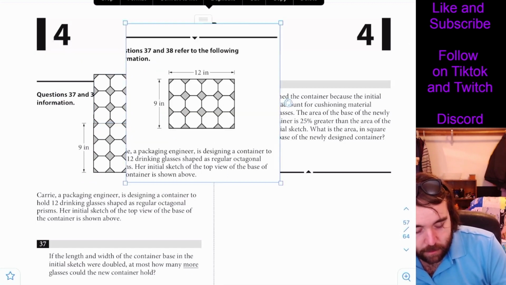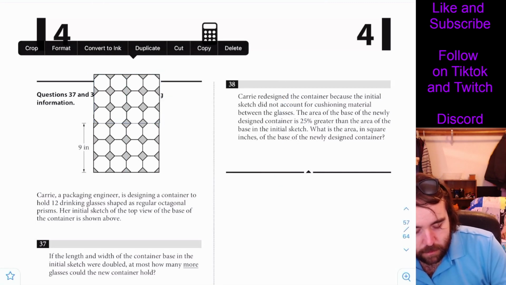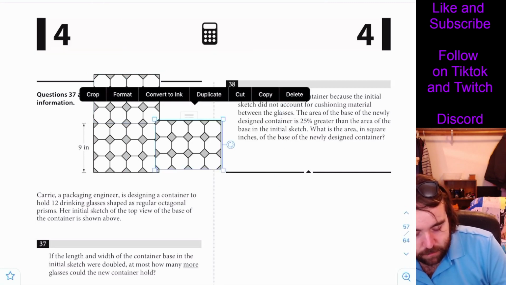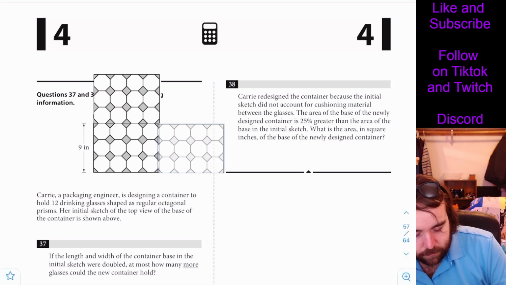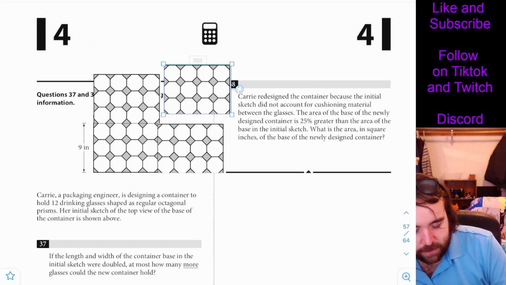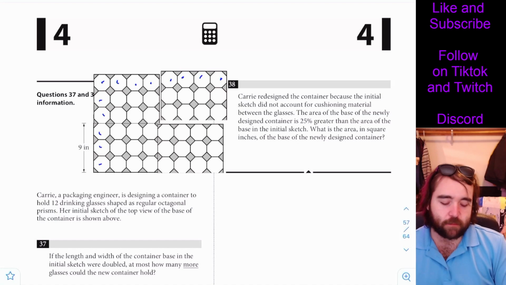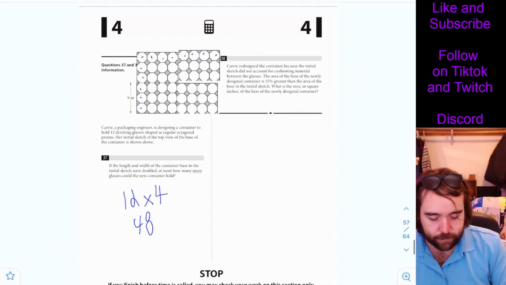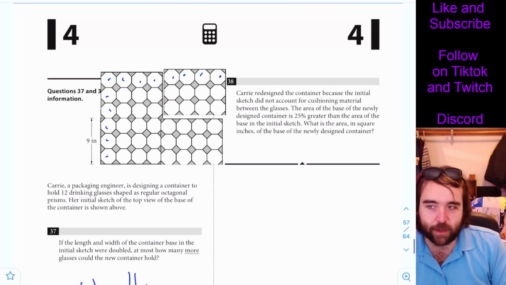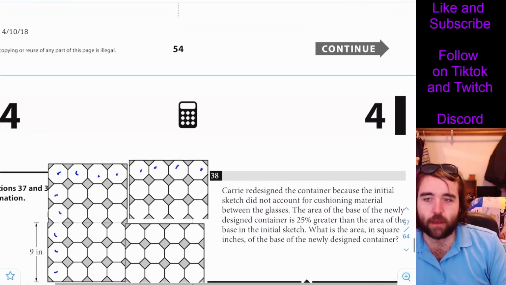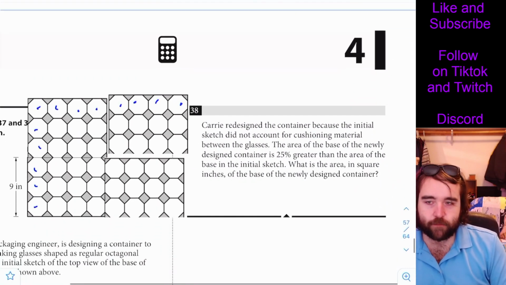And then to double the width, I would need to do this, of course. And to finish it out, I would need to do that. And now if we counted, we'd be like, we got 1, 2, 3, 4, 5, 6, 7, 8 by 1, 2, 3, 4, 5, 6. 6 by 8, 48 glasses. Very important concept. If you double the length, you quadruple the area.